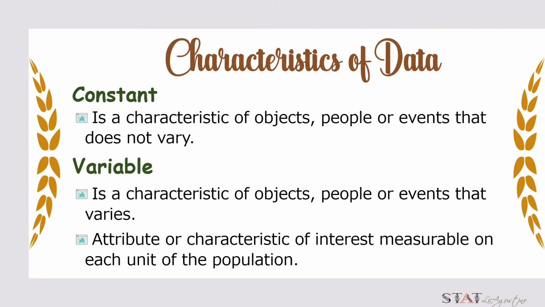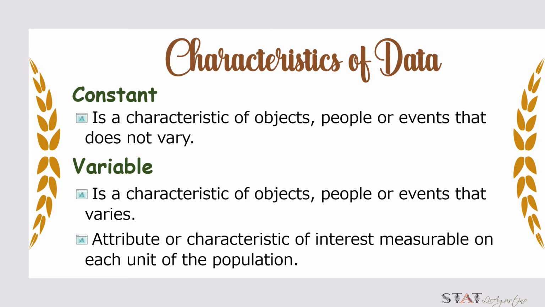So it varies in Negros Occidental, but when my population is the CPAC faculty, this Seventh-day Adventist religious affiliation becomes constant because all of your people or objects are Seventh-day Adventists. Okay, so be mindful of your constant and variable. It depends on your population frame. It depends on your population. So that's the difference between the constant and variable.